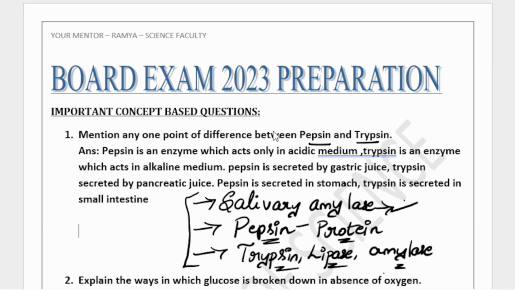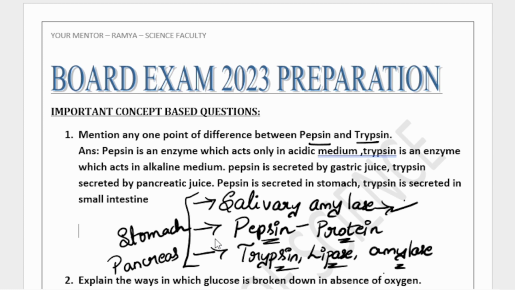My question is all about one point of difference you have to write between pepsin and trypsin. Where is pepsin present? Pepsin is present in the stomach, my dear students. Where is trypsin present? Trypsin is present in the pancreas, as one of the pancreatic enzymes.